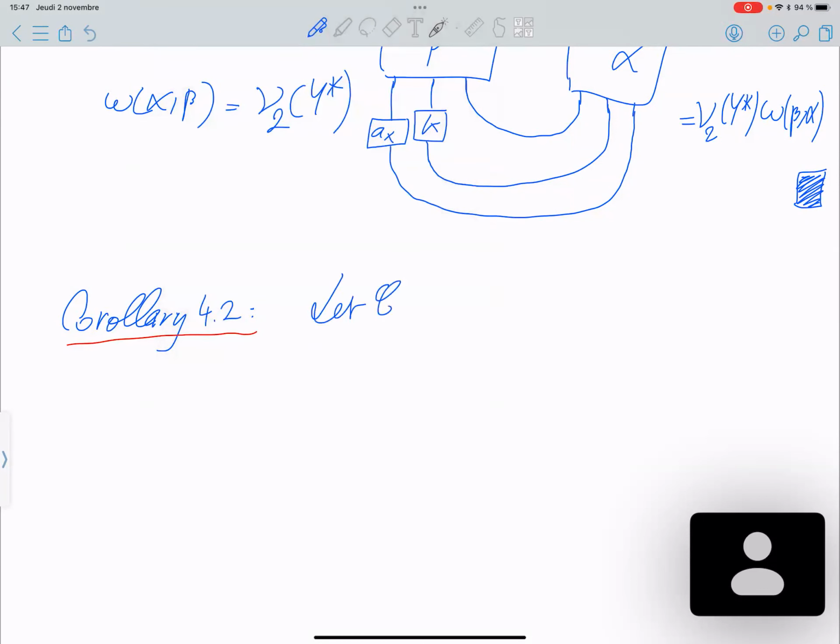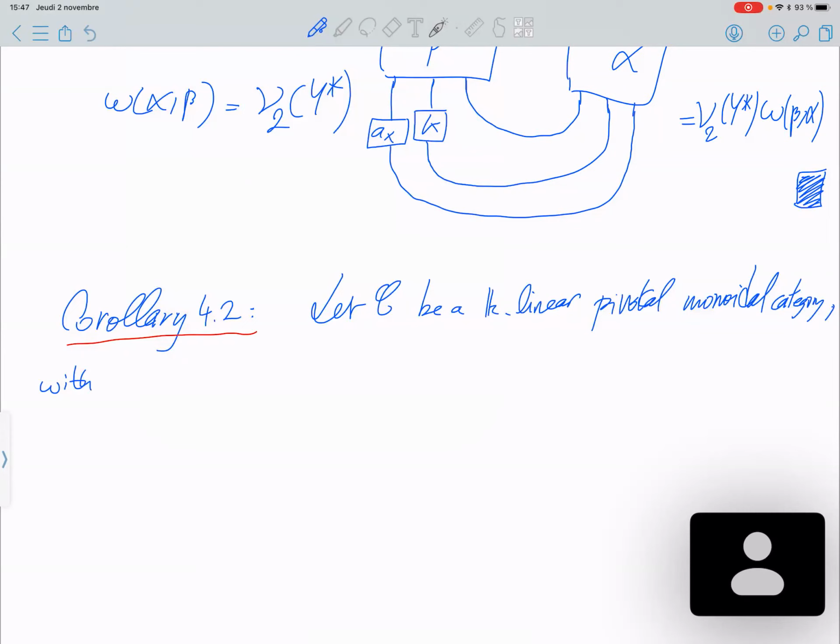Let C be a K-linear pivotal monoidal category with C1 isomorphic to the field. So we need this assumption.